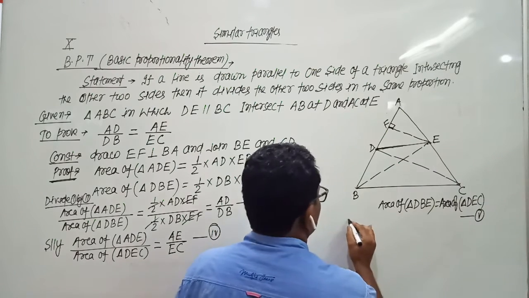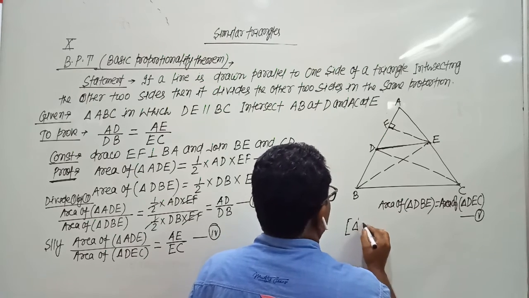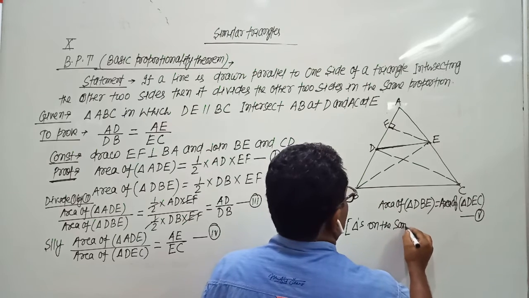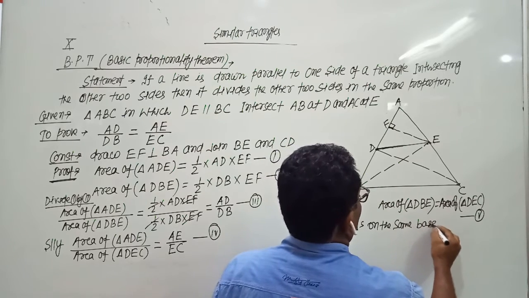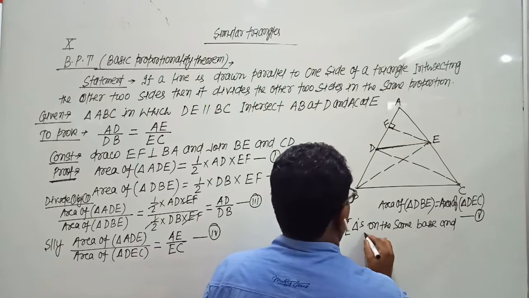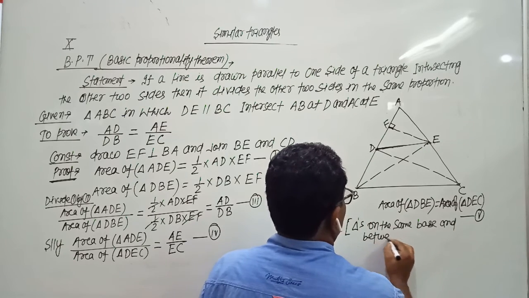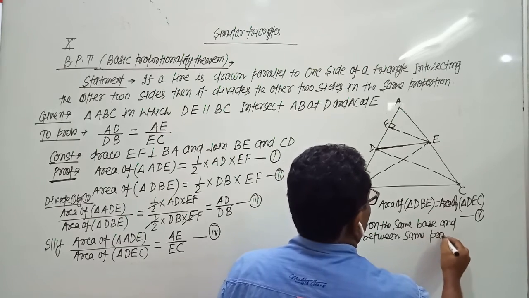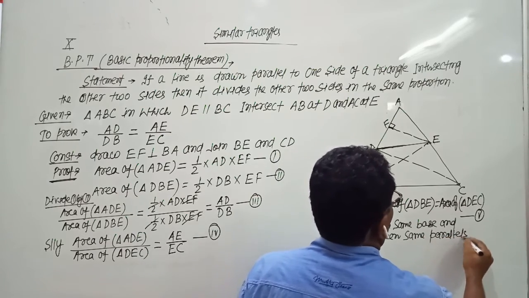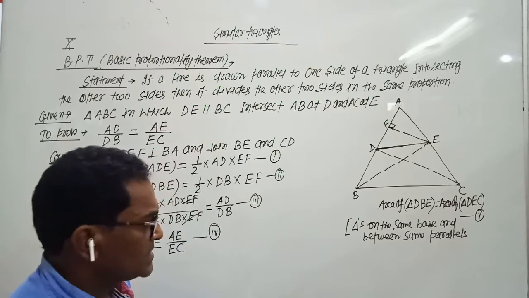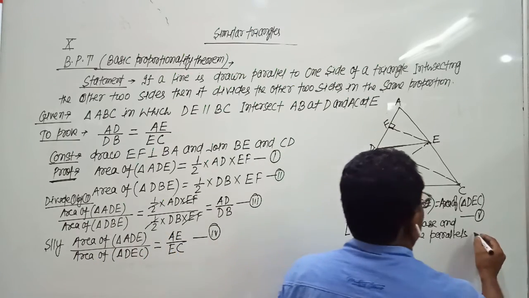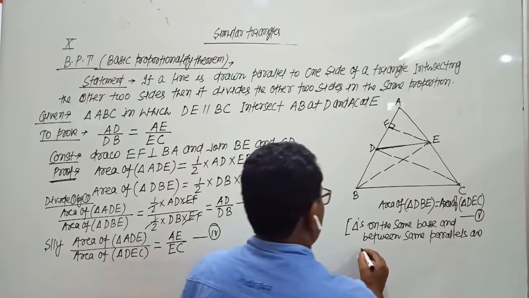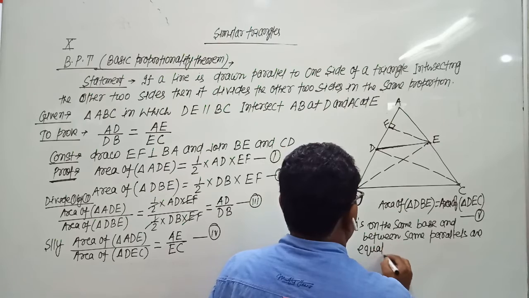And the reason is: triangles on the same base and between the same parallels are equal in area.